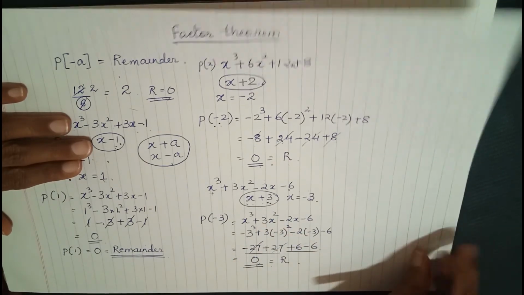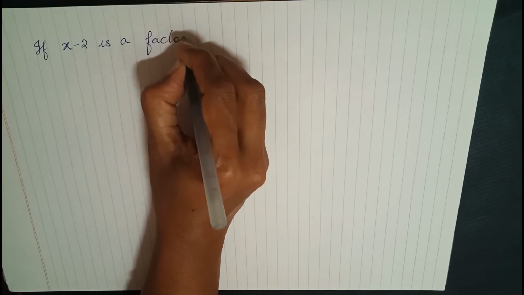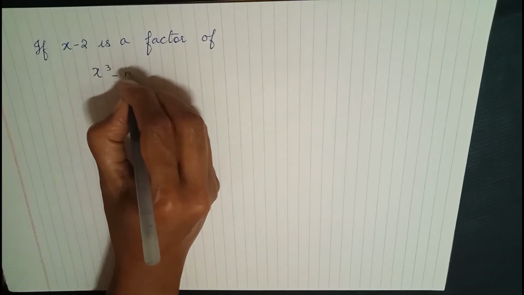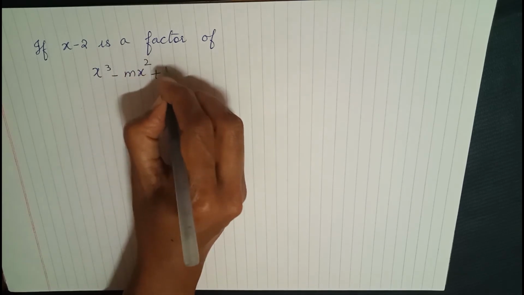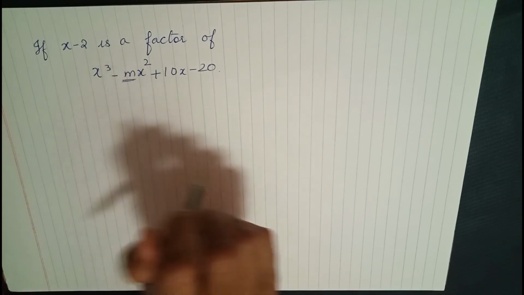Now using this formula, we can even find the value of any variable which is not present in the equation. Let us say it is given that x minus 2 is a factor of x cube minus mx square plus 10x minus 20, and the question says find the value of m.